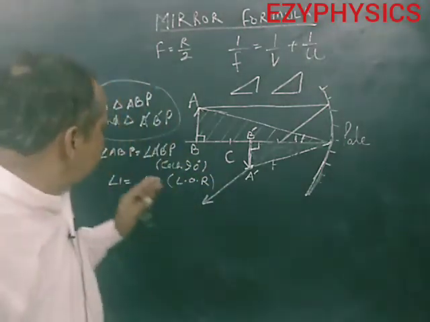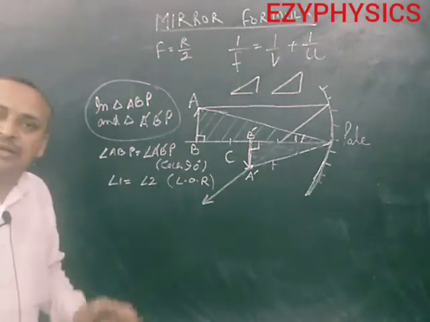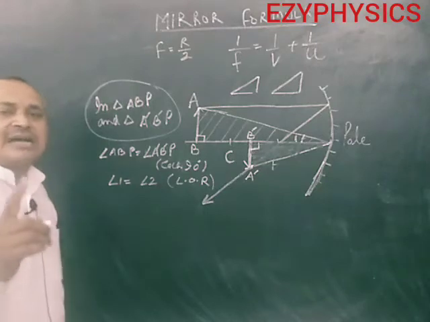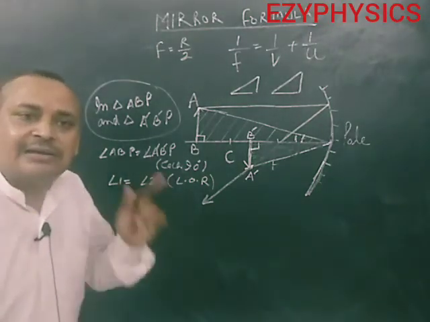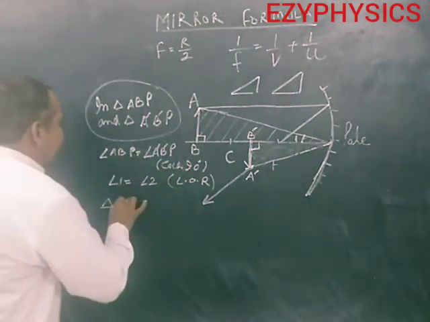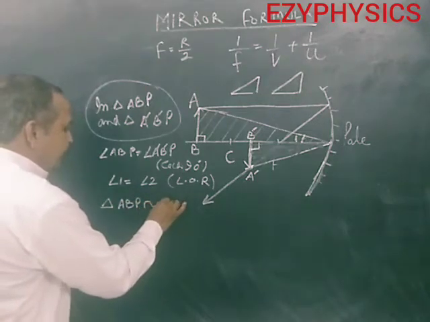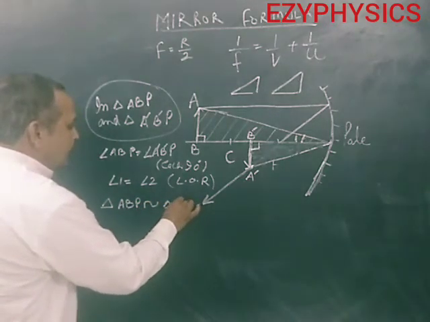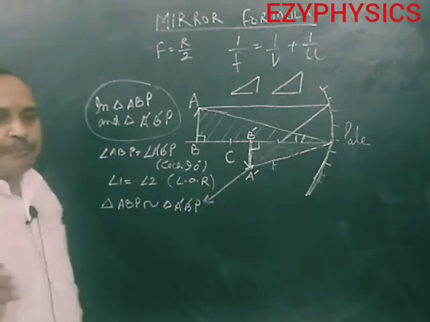And you know that when two angles in triangles are equal, then the two triangles are similar. It means what can I write? Triangle ABP is similar to triangle A'B'P.